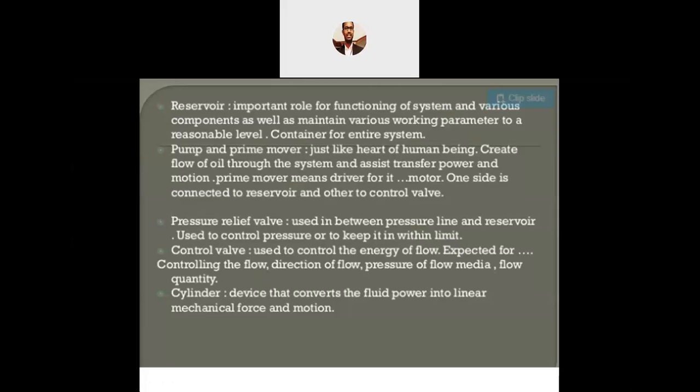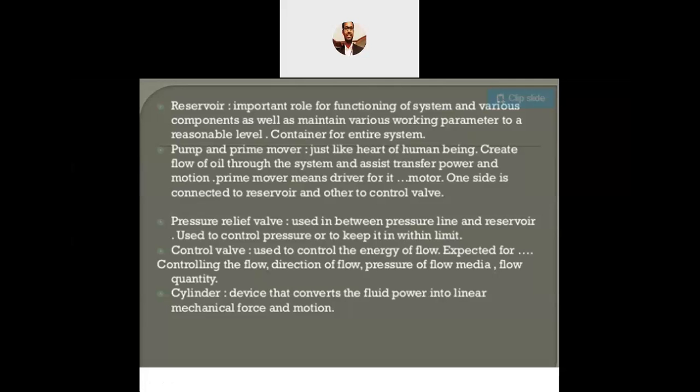For example, if I design a hydraulic system that can lift up to 10 tons of weight, the pressure should be enough, and less than the safety level. It should not exceed that level and should stay within that range.